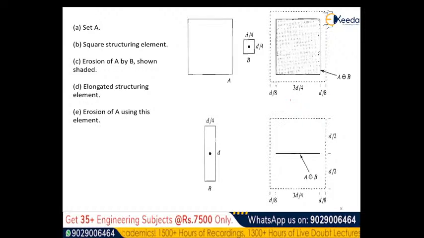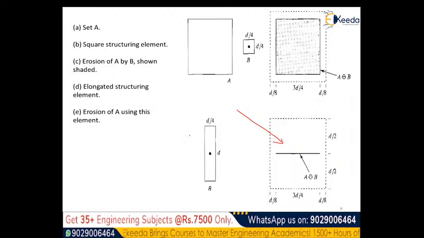Now, if we change the type of the structuring element, so instead of using B like this, which is of square shape, if we have a rectangular shape, elongated as shown, the elongated structuring element is shown in part D. Operating the input image A with the structuring element B, we obtain the result of the erosion shown here.